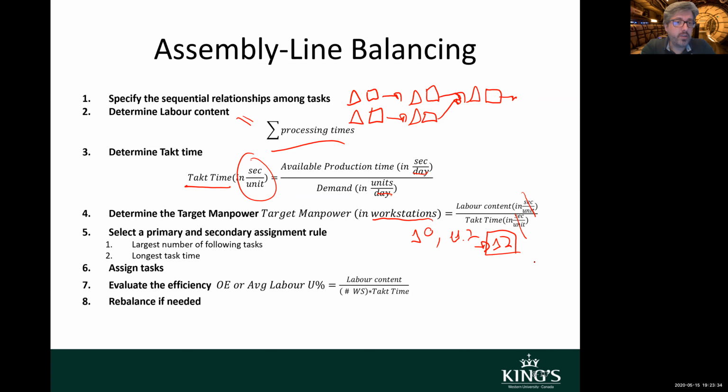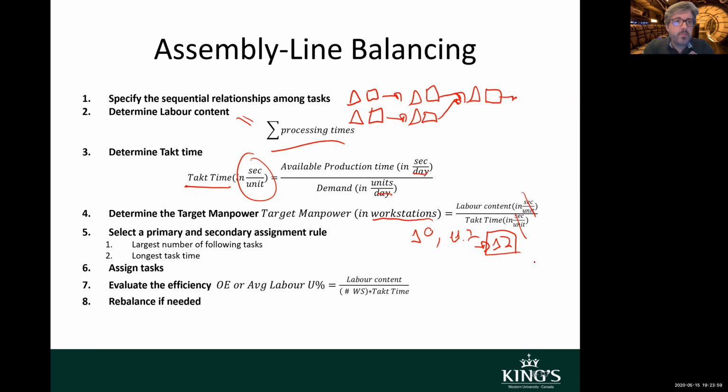And the tiebreaker usually is the longest task time. So you want to make sure that the long task times are as early into the process as you can make them. Then that is a measurement that will enable you to have a little bit less idle time. So you assign those tasks into the workstation, and you keep doing that to each one of the workstations.